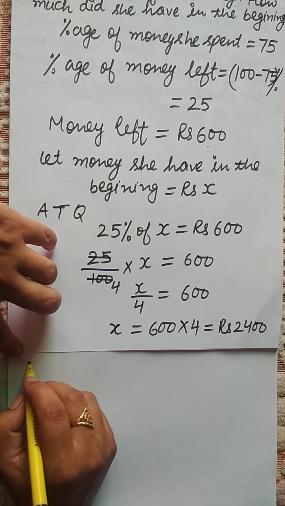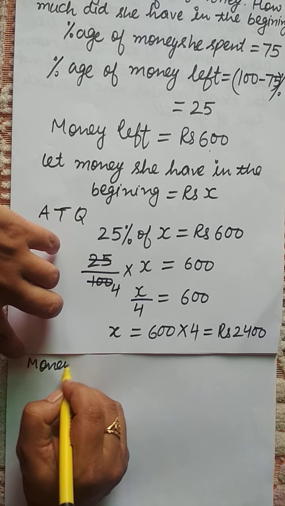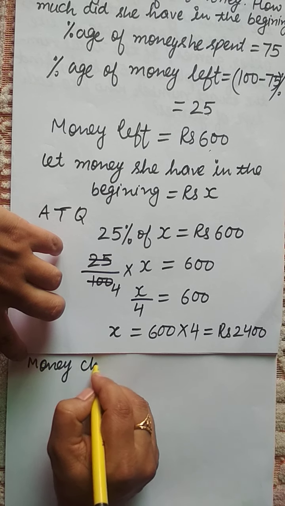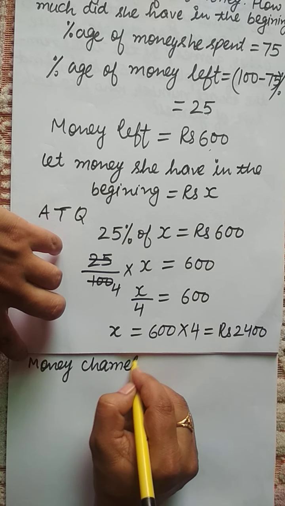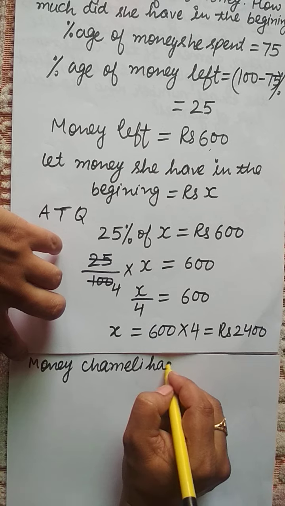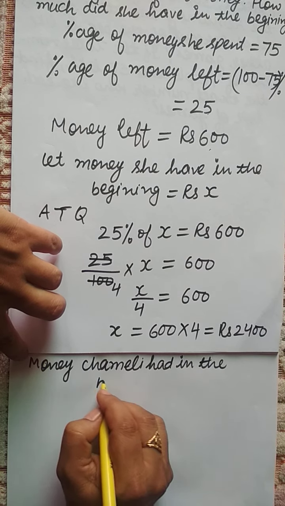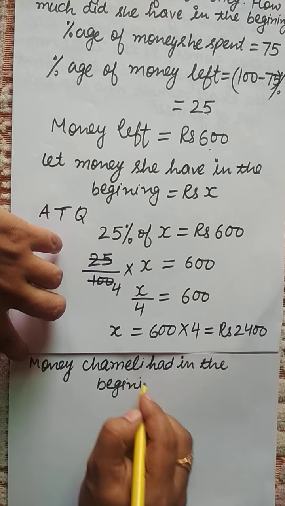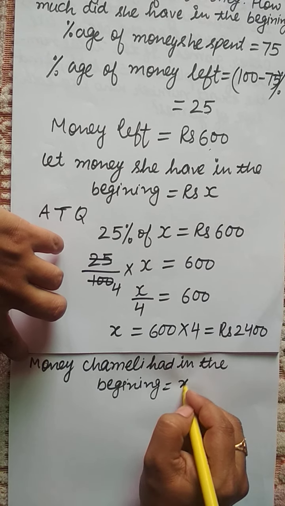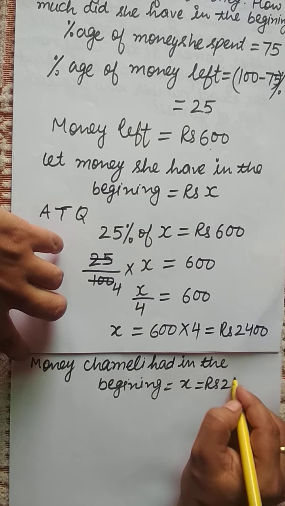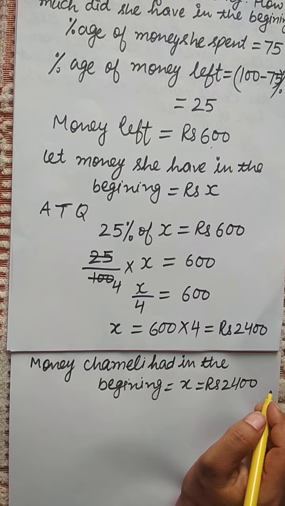So the money Chameli had in the beginning is equal to X is equal to rupees 2400, which is the required answer.